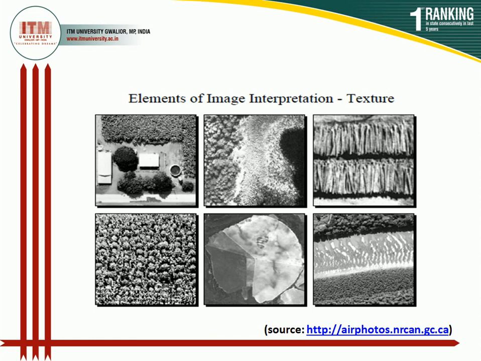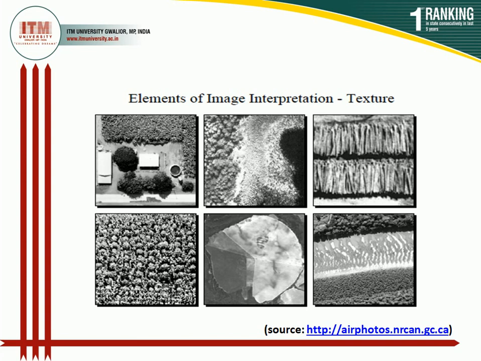Qualitative as well as quantitative data can be obtained from texture. Texture can be described as coarse, moderate, fine, very fine, smooth, rough. Texture is a characteristic which depends upon tone, shape, size and pattern. It is scale independent.